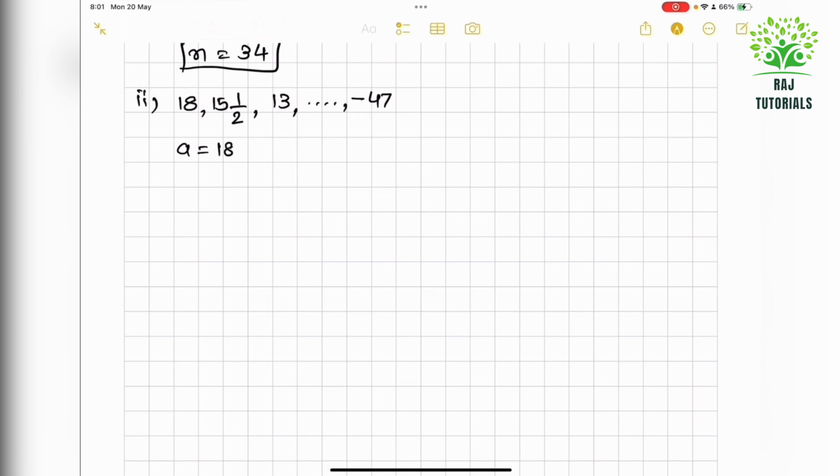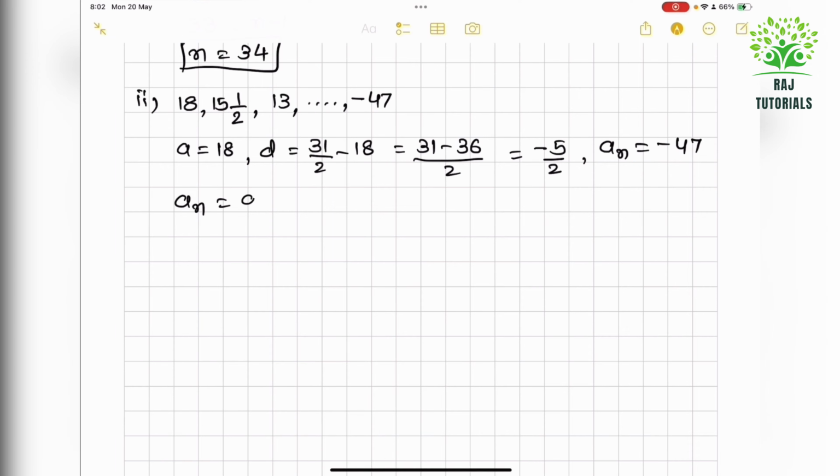So A equal to 18 here. D is 31 by 2 minus 18. So that will be 31 minus 36 by 2. So minus 5 by 2 D I will get. And AN equal to minus 47. Again AN equal to A plus N minus 1 D. So minus 47 equal to 18 plus N minus 1 into minus 5 by 2.